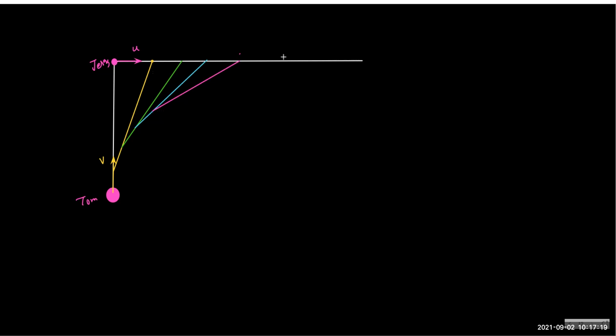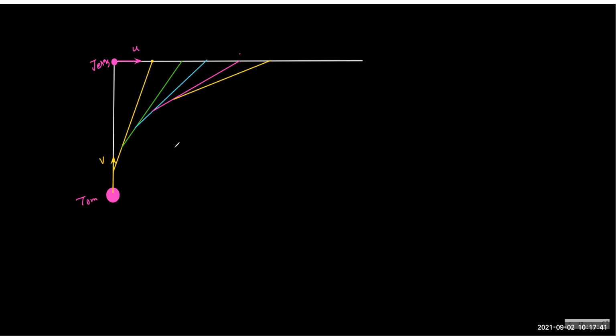And eventually Tom will catch Jerry somewhere. So the path that you can see or at least feel: Jerry is moving on a straight line, but how is Tom moving? It is essentially a spiral path, because Tom is always trying to chase Jerry.